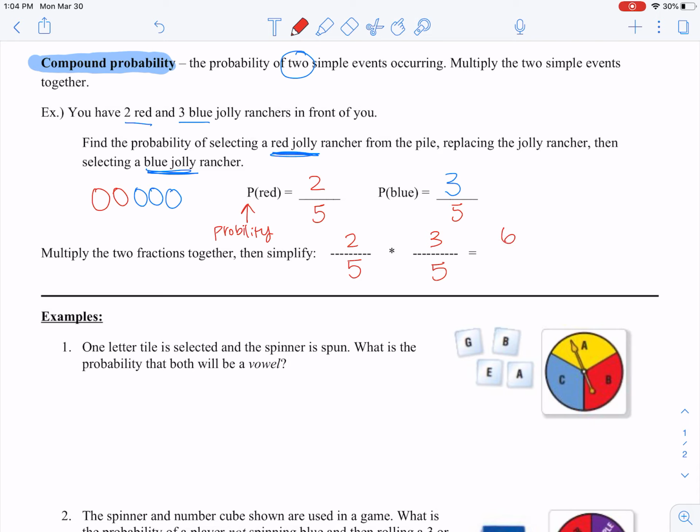That's 6, 2 times 3, and then 5 times 5 would be 25. We know that there are no common factors of 6 and 25, so it cannot be simplified. So that would be our final answer. The probability of selecting a red Jolly Rancher, putting it back, and then selecting a blue Jolly Rancher would be 6 out of 25.